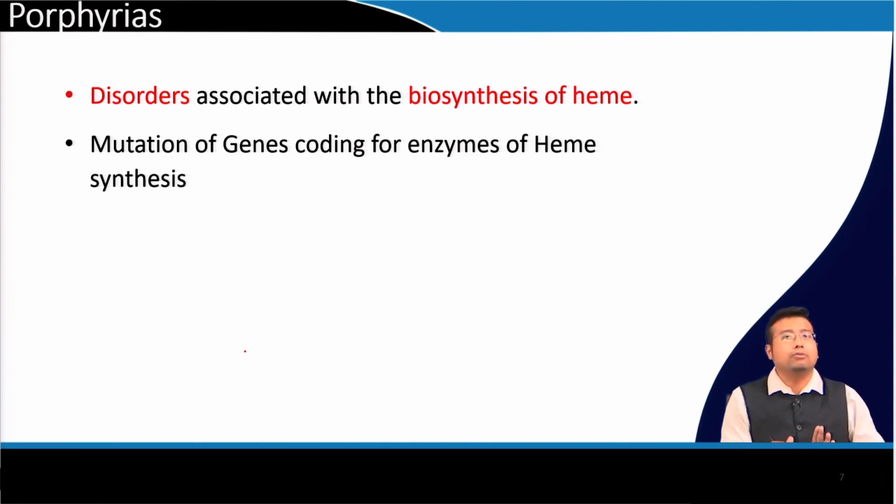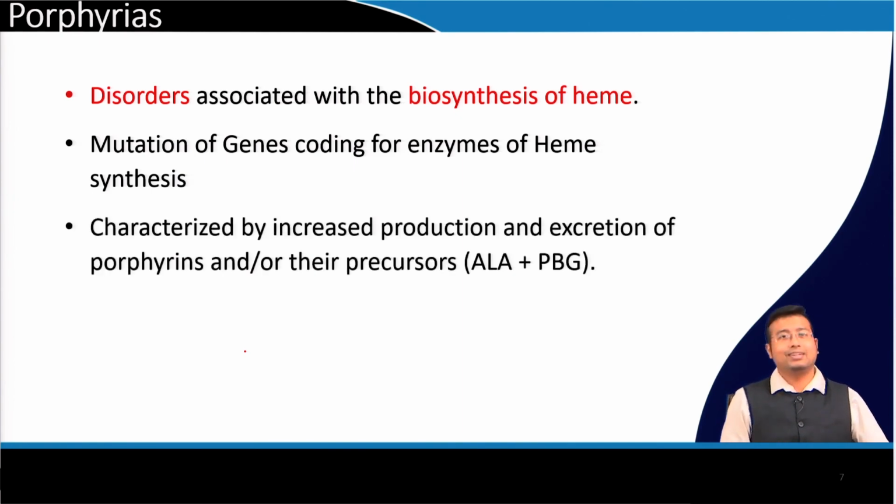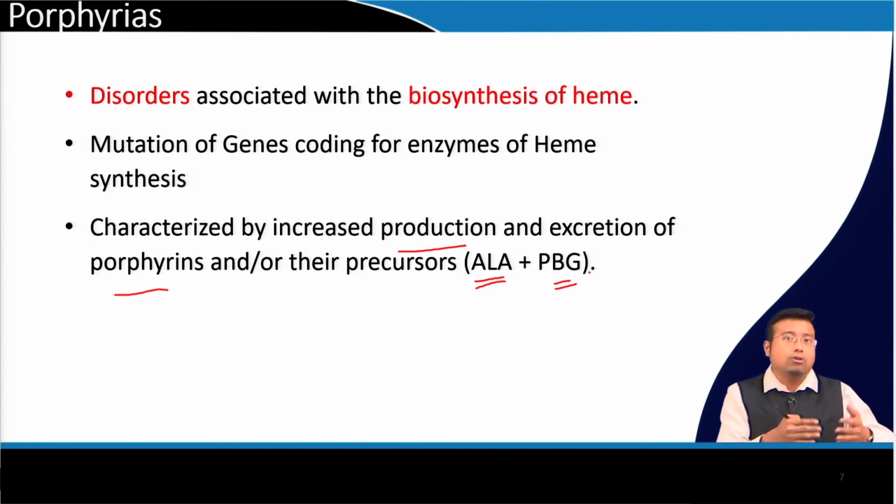So all of the enzymes of heme synthesis lead to some or the other porphyrias, okay, and the problem is in mutation. So what is the generalized characteristic? Basically, increased production and excretion of porphyrins or their precursors. For example, we already know what porphyrins are, and the precursors mean ALA and porphobilinogen.